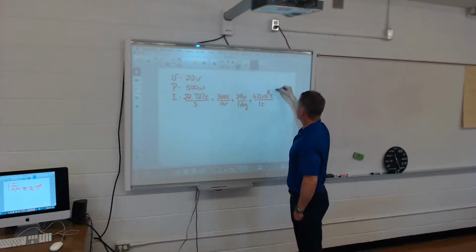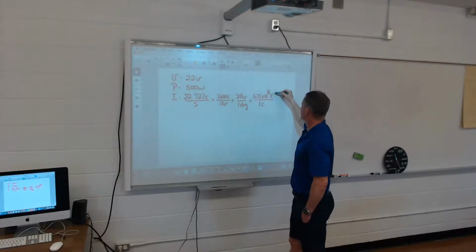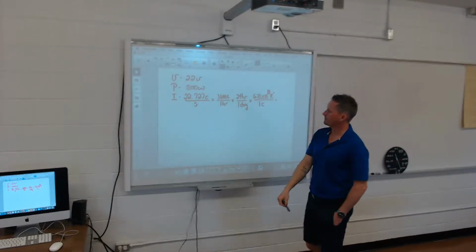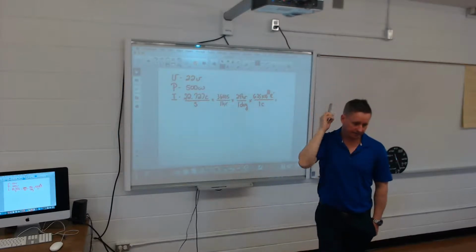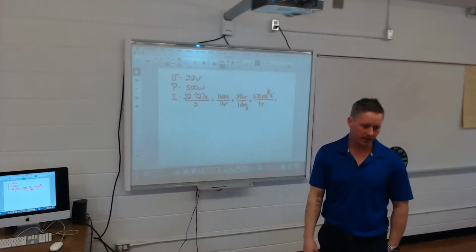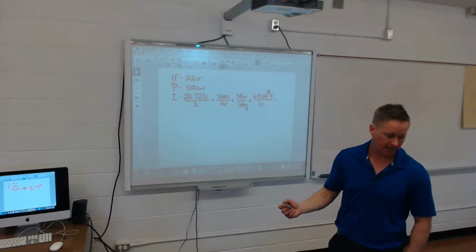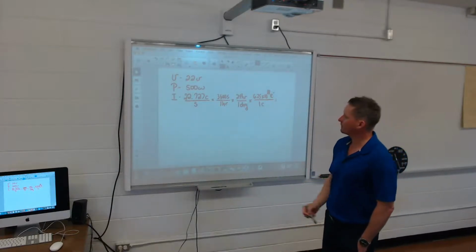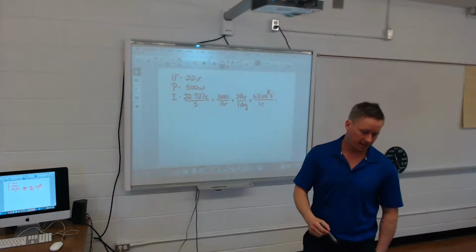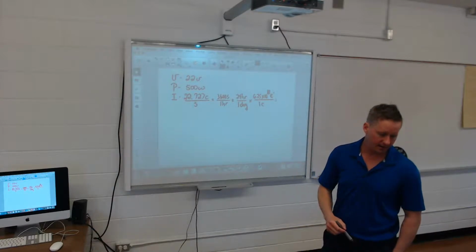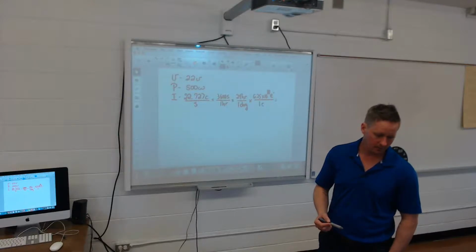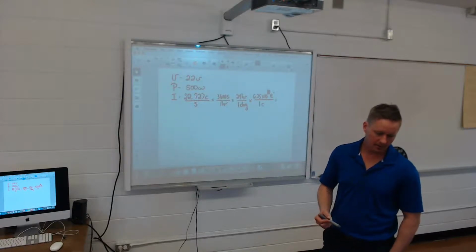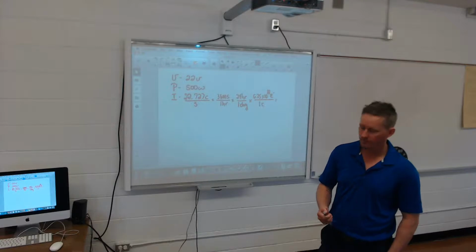Sorry, making a mess of this. So I have to convert my time to 1 day, changing all the seconds into how many seconds there are in a day. And then I have to find out how many electrons there are in 1 coulomb, right? You following this?